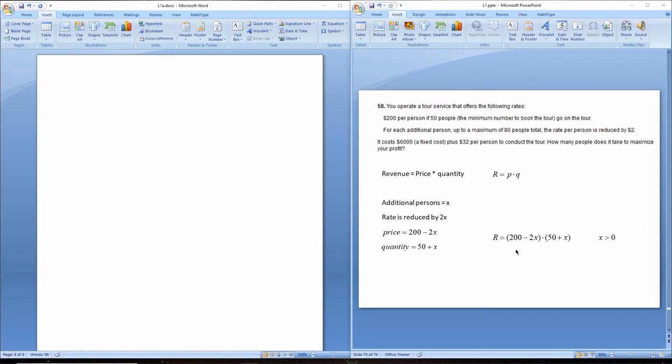So this revenue function is only true when X is greater than 0. If you have 50 people or less, you would have to switch to a different revenue function. In that case, if you have less than 50 people, there's no price reduction, so you're just straight up charging $200, and Q is simply the quantity of people. And in this case, Q would have to be less than 50.